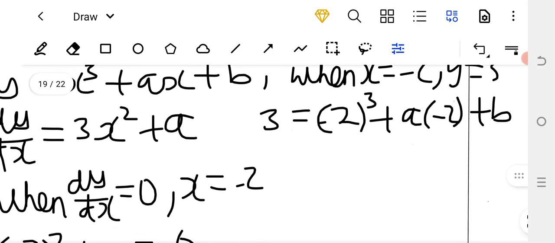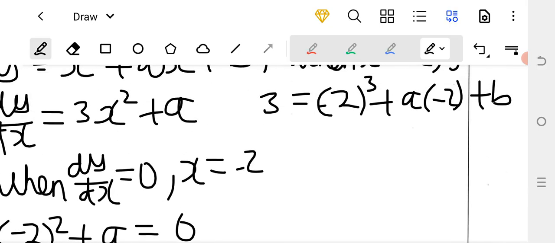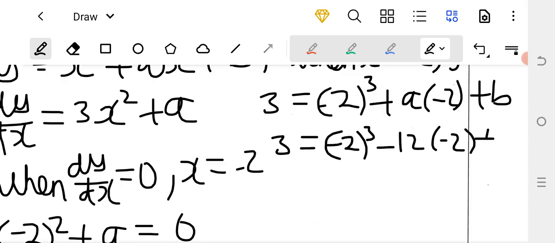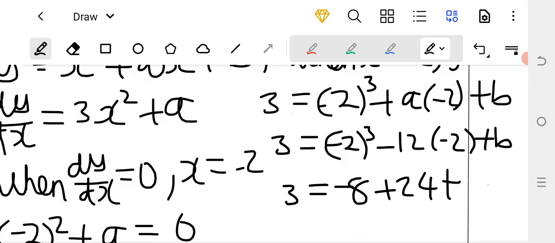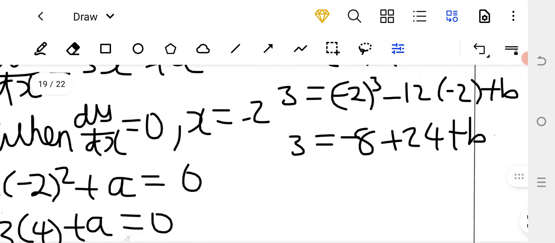We already know the value of a is negative 12. So we write that again: 3 is equal to negative 2 cubed minus 12 multiplied by negative 2 plus b. Then negative 2 cubed is negative 8. Then plus 24 plus b.